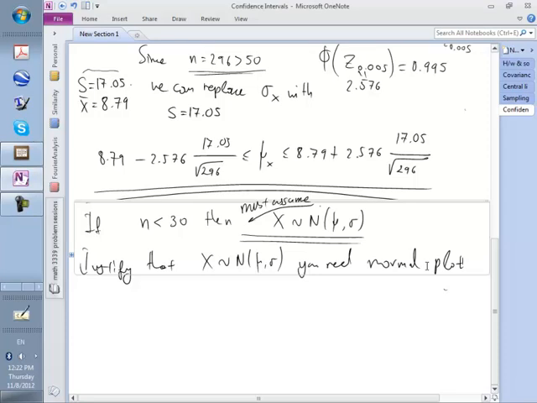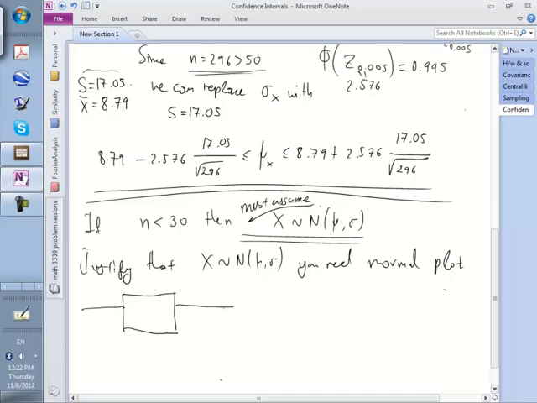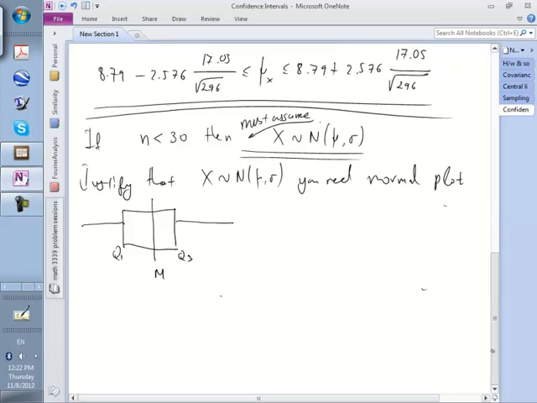What you can do, though, which is quite quick, is to do a box plot. So if you do the box plot, what would you be looking for in order to assess that you have a normal distribution? If this is your box plot, you will be looking that your median is pretty much between Q1 and Q3. You don't want to see the median very close to Q3 or to Q1. That's the first quartile, that's the third quartile.